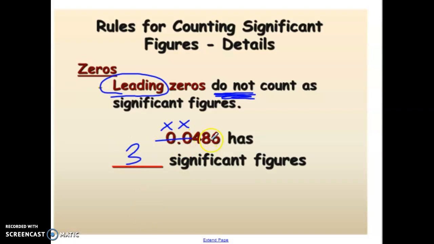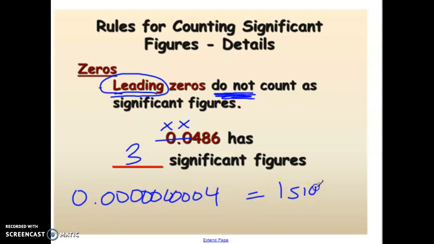It's only the 486 that is counted. It doesn't matter how many zeros there are in front; any leading zero does not count. So I can have 0.00000000004. This has only one significant figure, only this number 4. All the zeros in front have no significance.